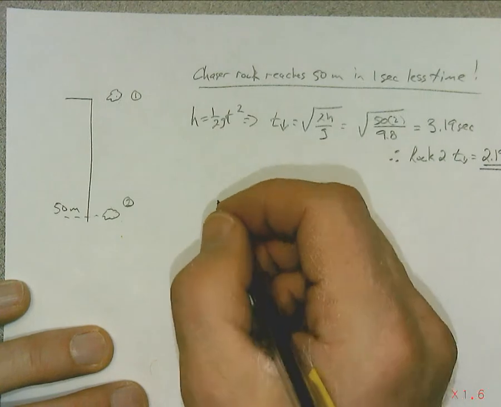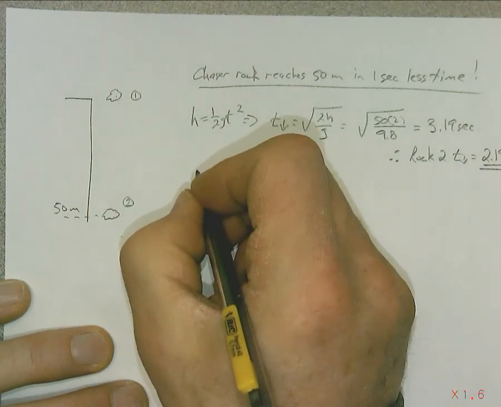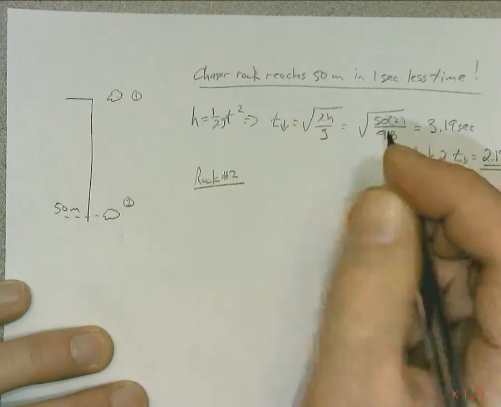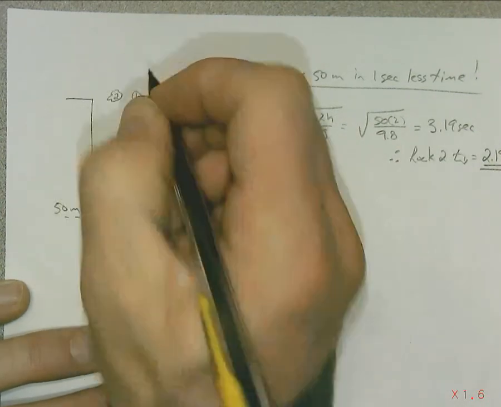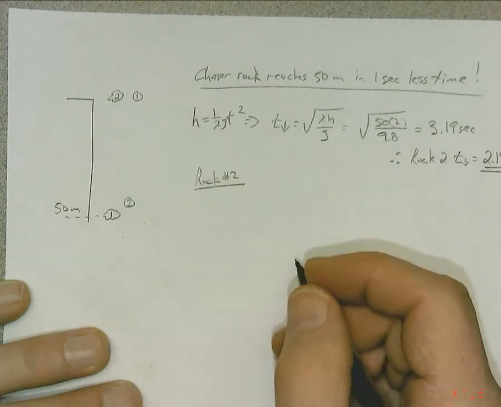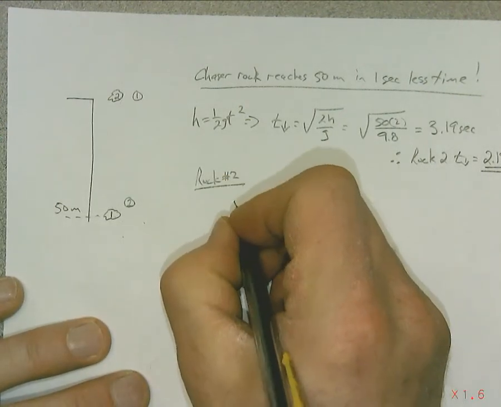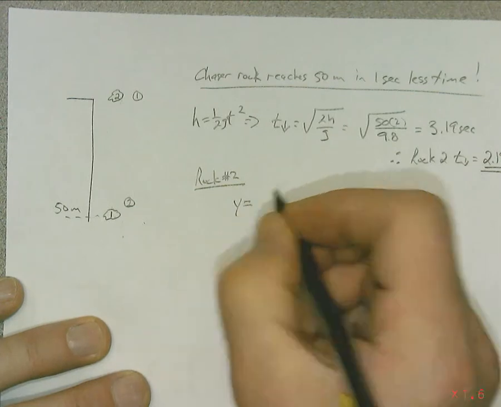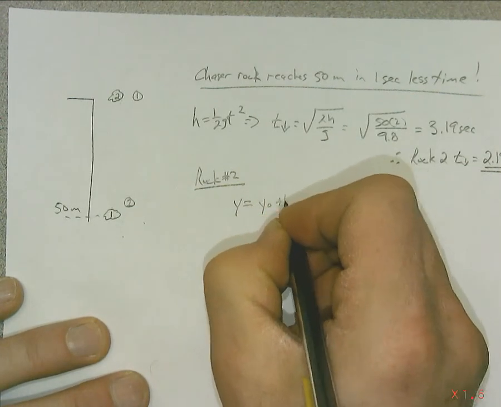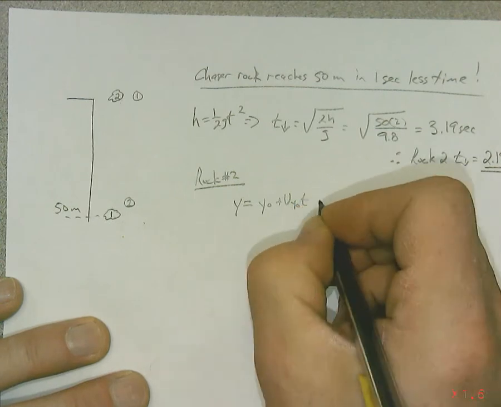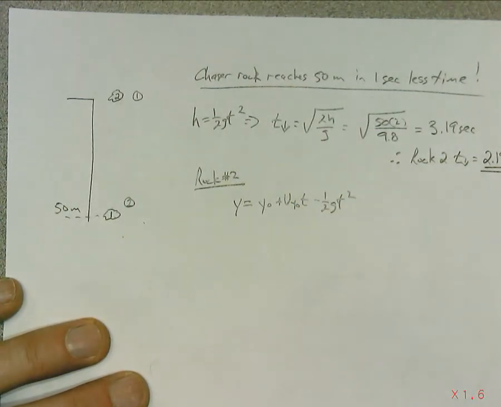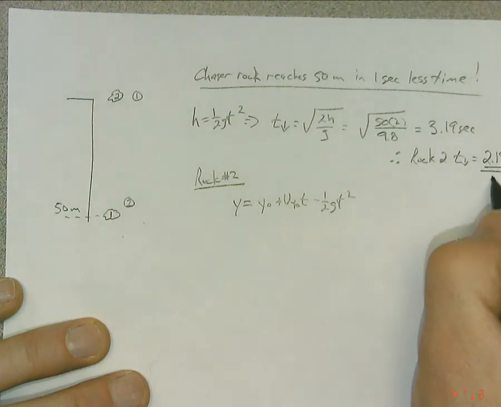So, rock number 2, and that's actually this one here, number 2, number 1, positions 1 and 2. So for rock number 2, I'm going to set the position equal to the initial position plus Vy0t minus 1/2 gt squared, equation 5, where t is equal to this time.